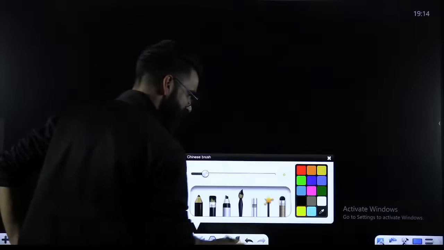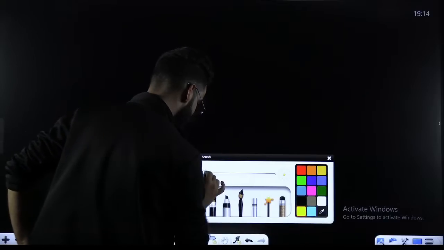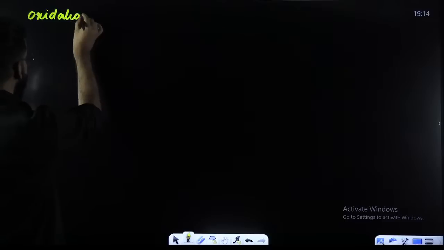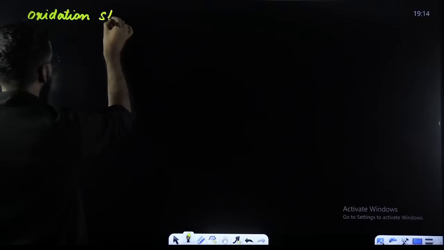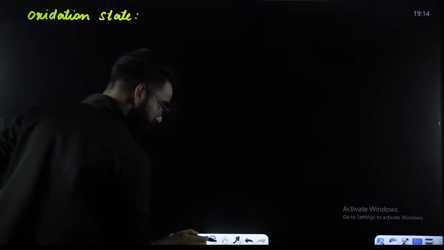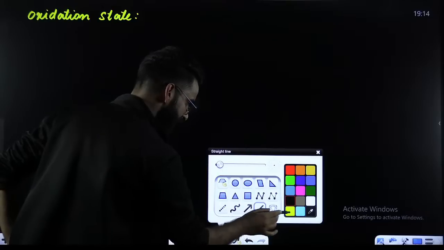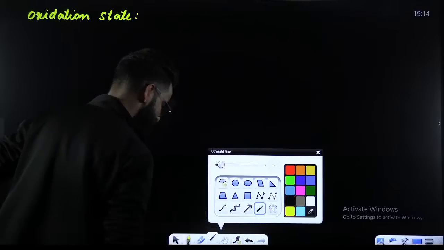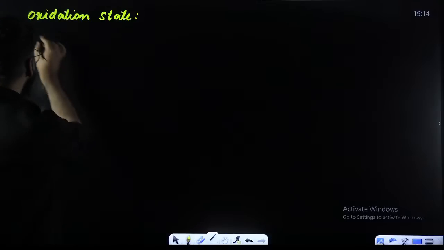The first topic with which I'll be starting this chapter is oxidation state. This is the first topic which we shall be doing, which forms the basis of your chapter, redox reactions.